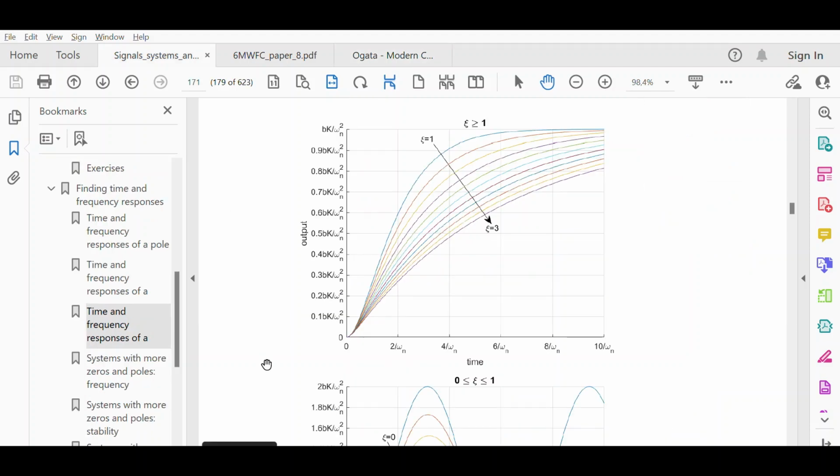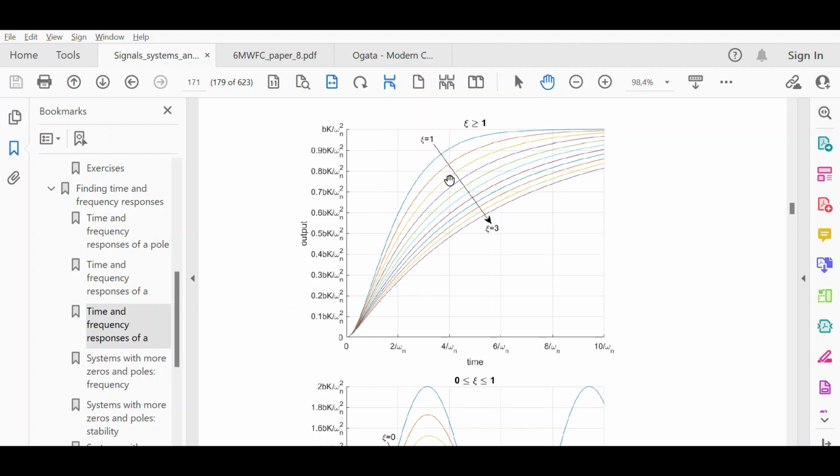This figure of the lecture notes shows you step responses of second-order systems without zeros for different values of the damping coefficient Xi. In this figure, we have the critically damped case with Xi equal to 1 and several overdamped cases with Xi increasing. Notice that these responses are monotonous.